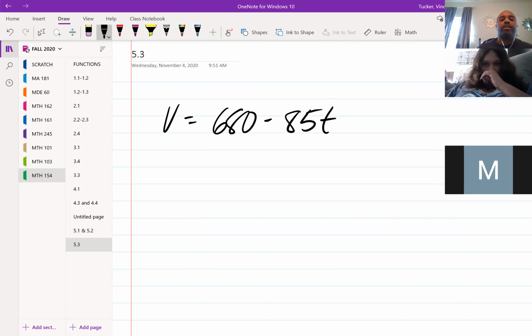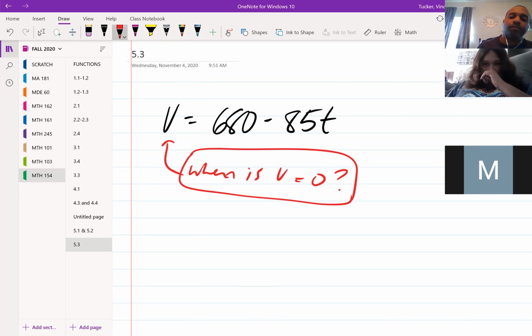And they want to know when is the value equal to 0? So that means you need to plug in 0 for V and then solve.